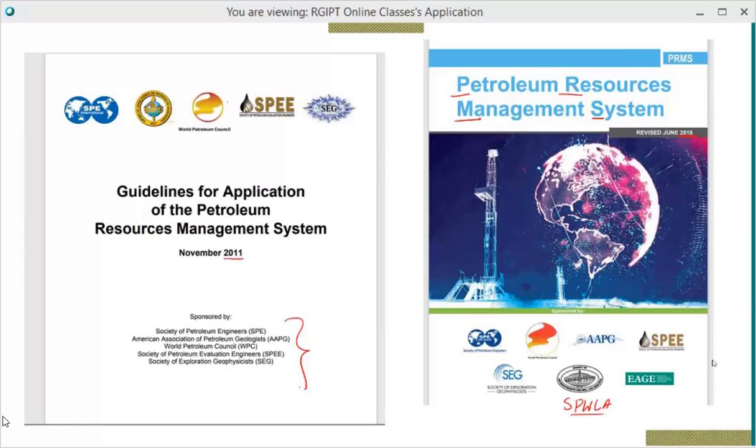Now, though this is a kind of advisory thing that these societies have published, different governments can have their own set of rules. Okay. However, you should know this international guideline, and then also follow the practices here in India, or if you work for any MNCs, in those countries.